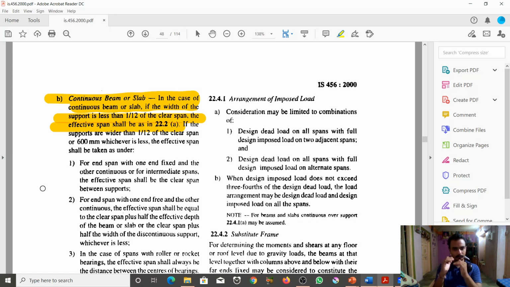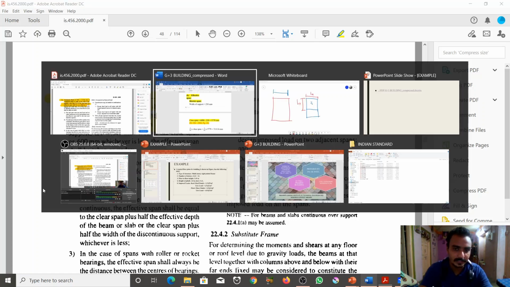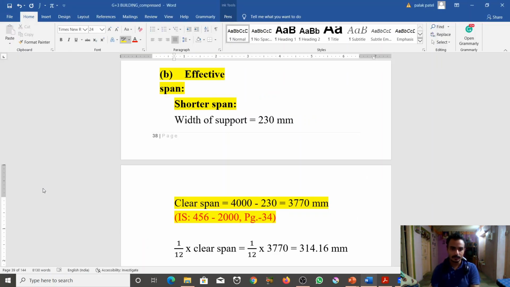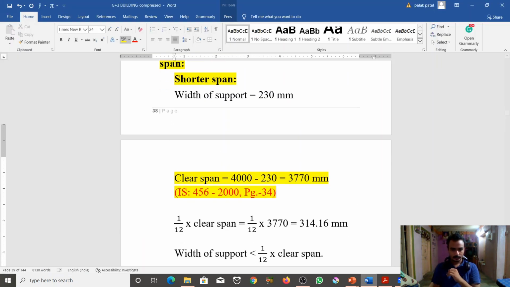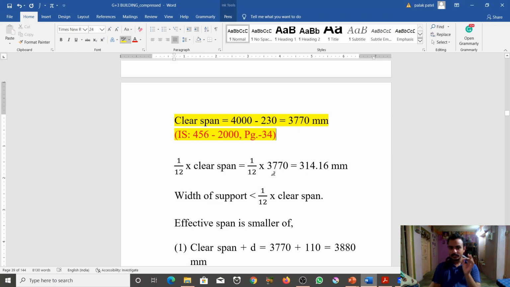If the clear span divided by 12 is lesser than the width of support, we have to follow clause 22.2a. Clear span 3770 divided by 12 is 314.16 mm.